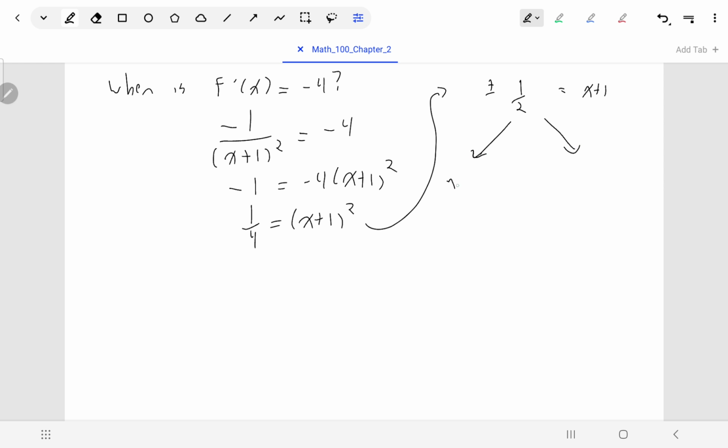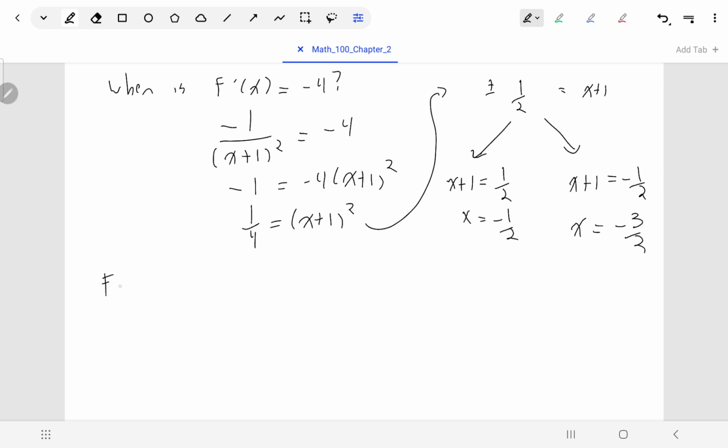One of them is that x plus 1 equals positive 1/2, which when I solve for x gets me negative 1/2. The other is that x plus 1 is equal to negative 1/2, and if I solve for x there, that tells me that x is negative 3/2. So I know that there's two different x values where my function is going to have a slope of negative 4. I also need to figure out where the y values are for these points.